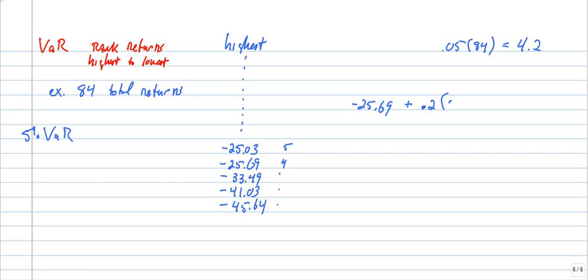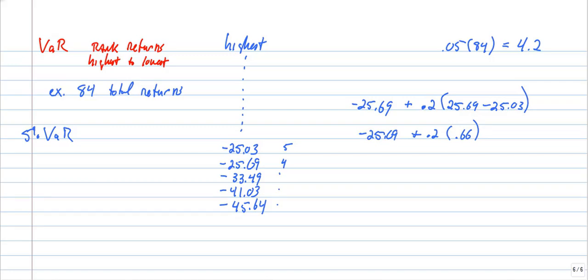If we take 25.69 minus 25.03, basically we're seeing the difference there. Those two differ by 0.66. So we want 20% of that difference.